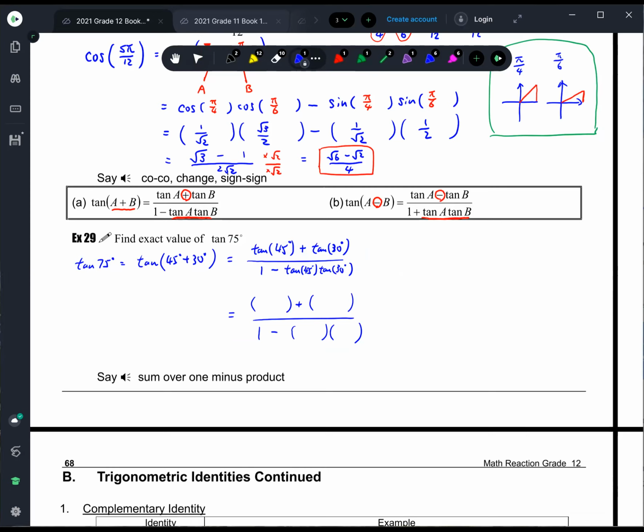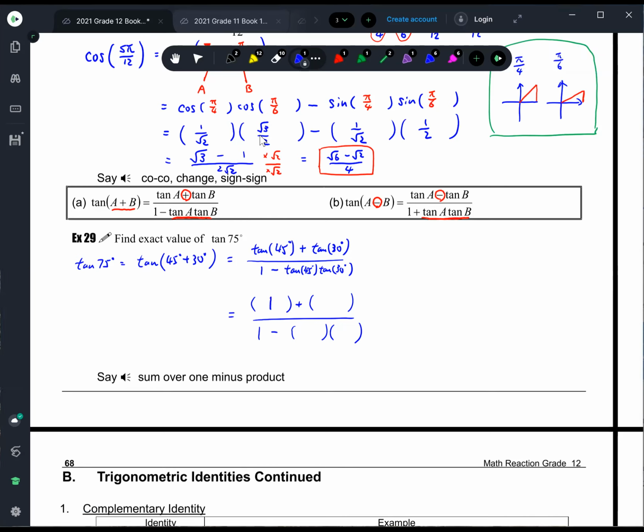All right, let's start with tangent 45. It shouldn't take this long though. This is old stuff. Just find exact values. Tangent 45 degree. Evan, what's tangent 45 degree? 1, yeah, very good.